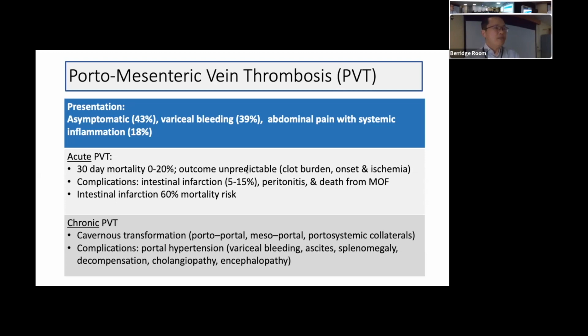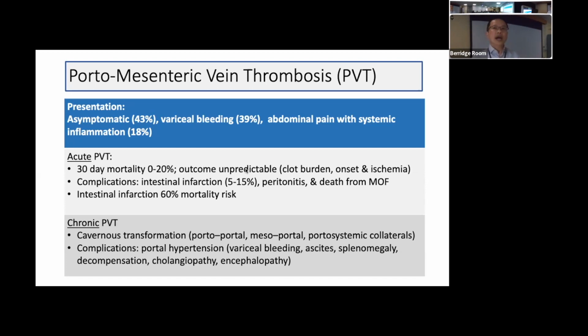For acute portal vein thrombosis, the 30-day mortality is quite high at 20%. The outcome can be a bit unpredictable depending on severity of the clot and the onset. And the most feared complication, of course, is intestinal infarction, which carries up to 60% mortality.